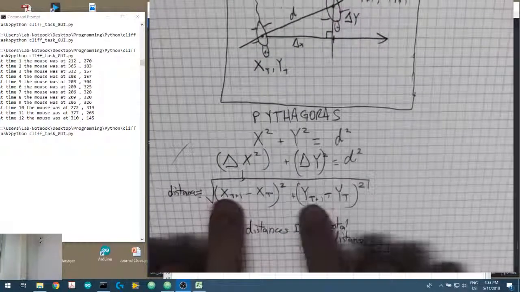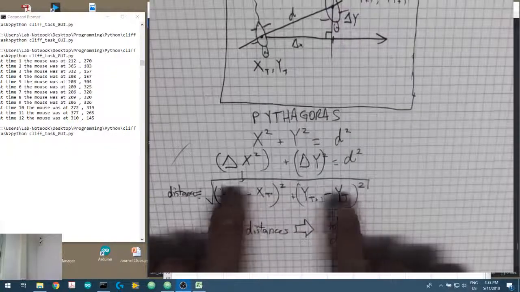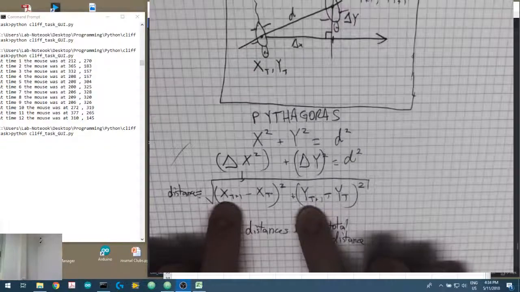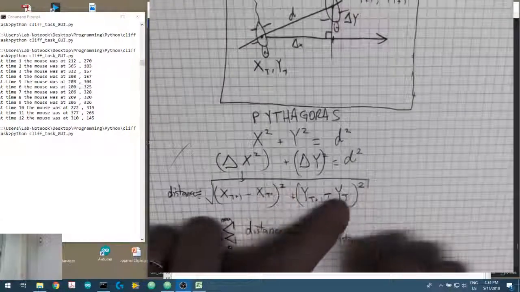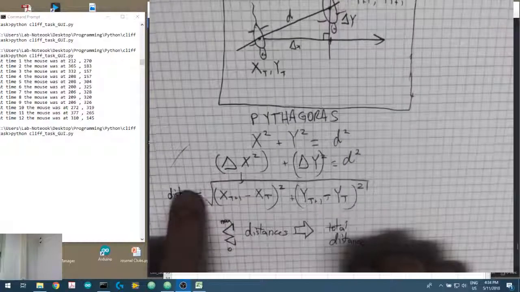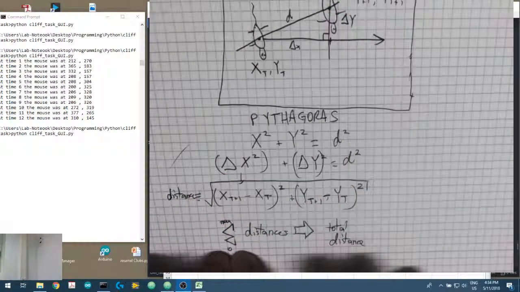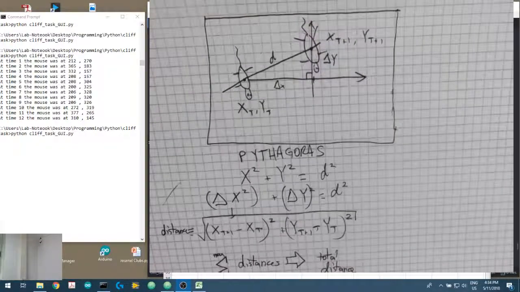We have these values. We have the x and y positions at each time that we're interested in. So all we need to do is square them, add them, and then take the square root, get the distance for each time point, and then add the guys up, and then we'll get the total distance travelled.